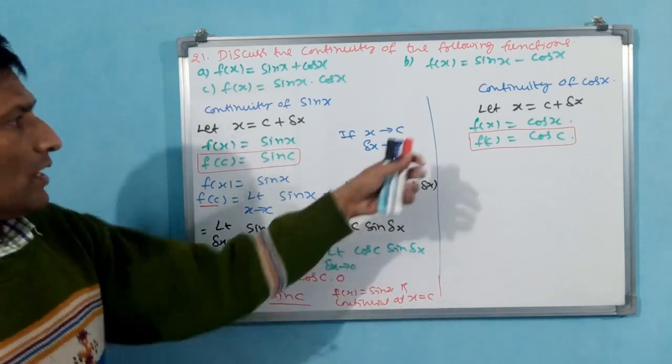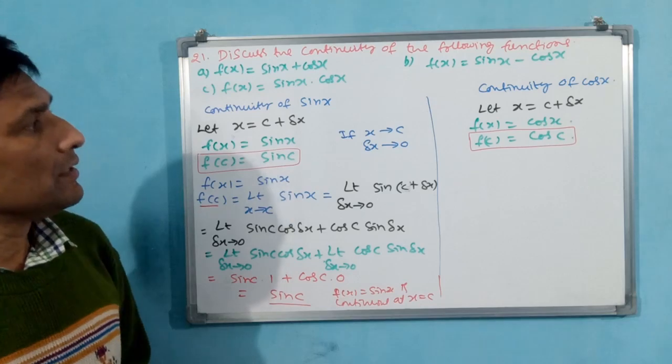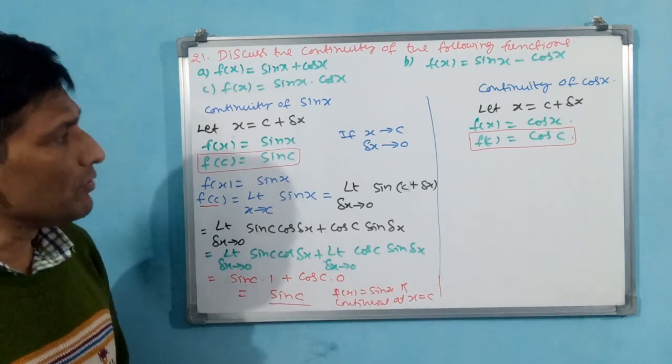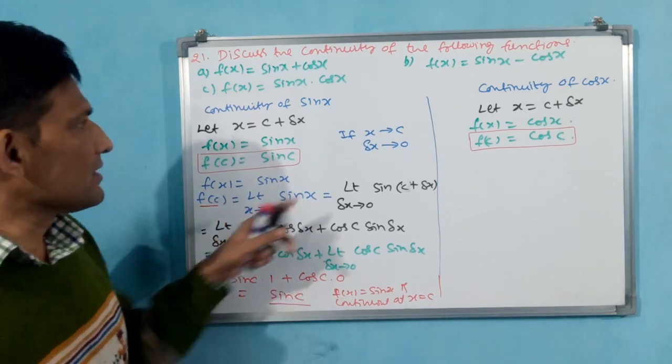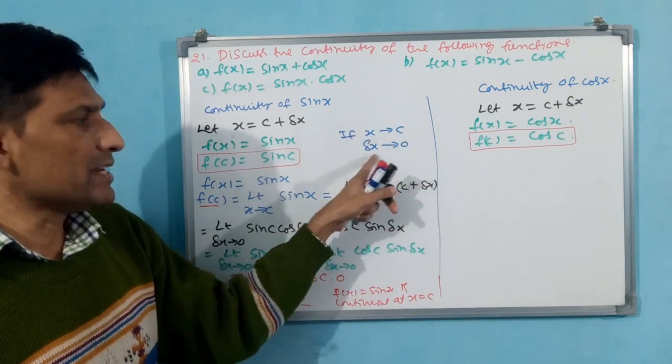Like that you write. Now let us go here. What will we write? cos x, cos c also. This I need not write again. x tends to c, delta x tends to 0.